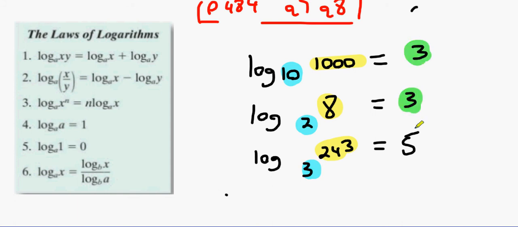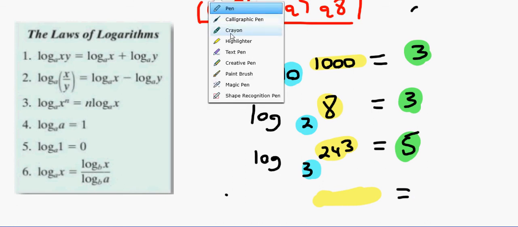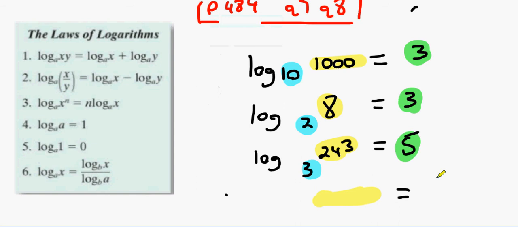Can anybody tell me what the yellow one on its own equals? It always equals blue to the power of green. Check it out for any of them, and I bet you it works.